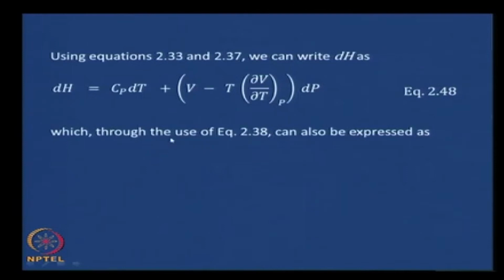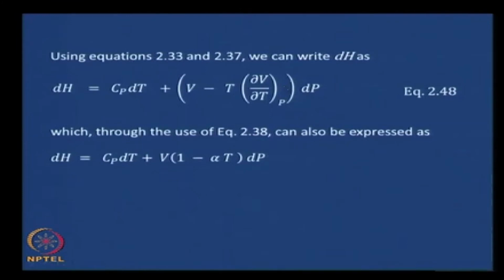If we use equation 238, you can again go back and check, but it is going to be quite evident here. This V minus T (∂V/∂T) at constant P is nothing but a part of the definition of alpha, the expansivity.